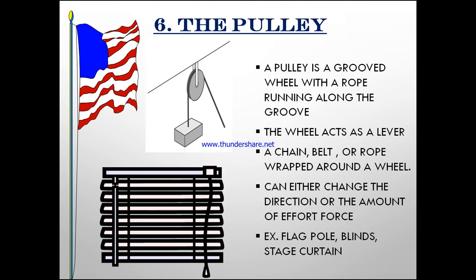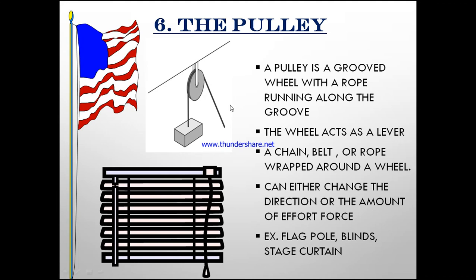The pulley. A pulley is a grooved wheel with a rope running along the groove. So this is a groove, this is a groove, and this is a rope. So you'll find the rope just running along the groove here.